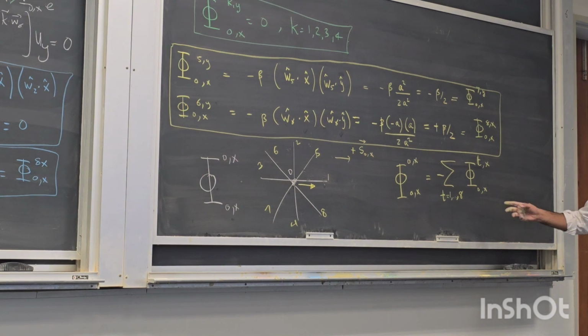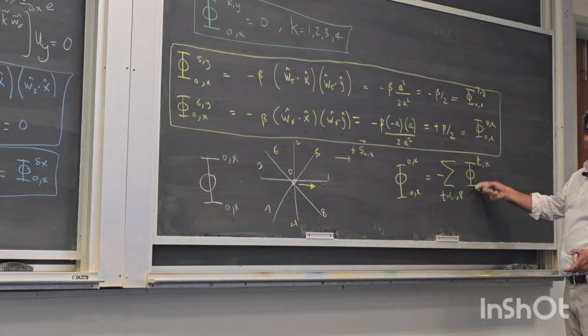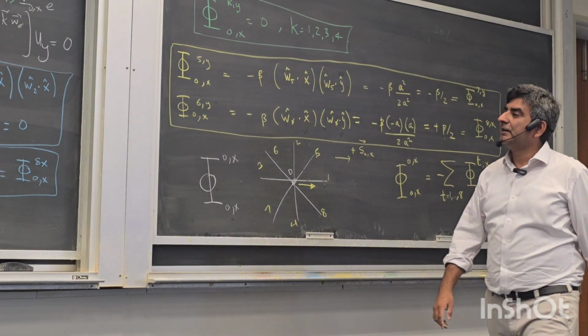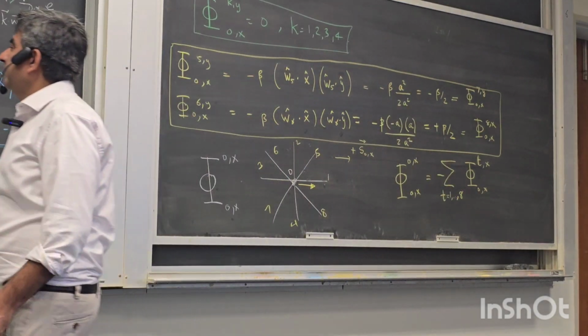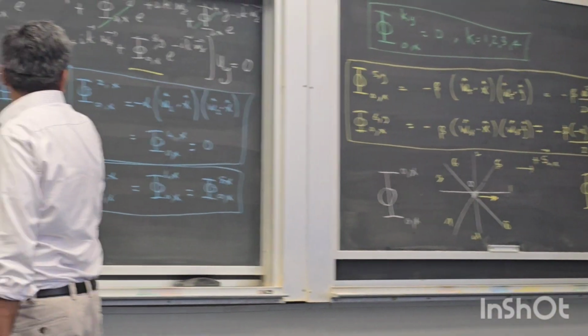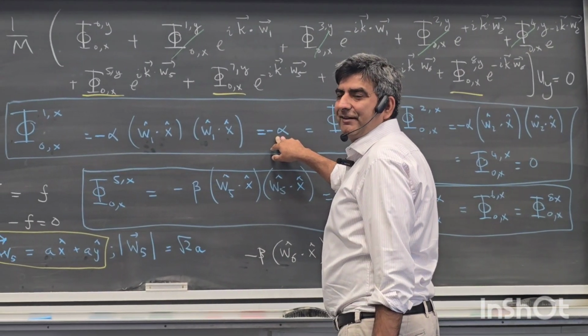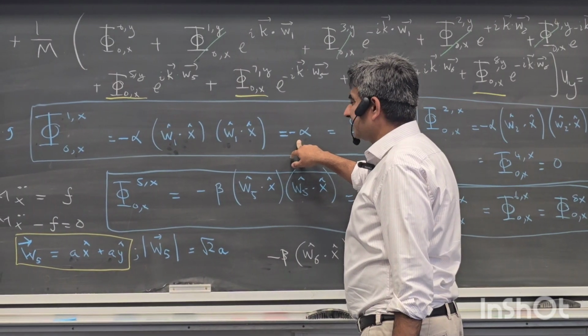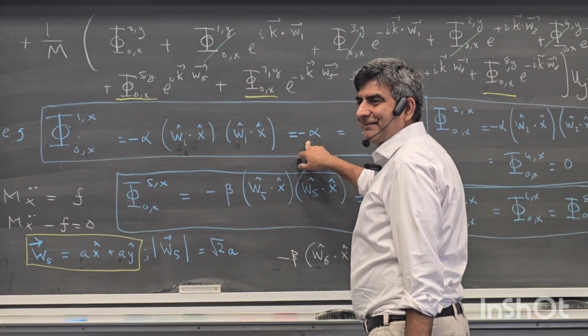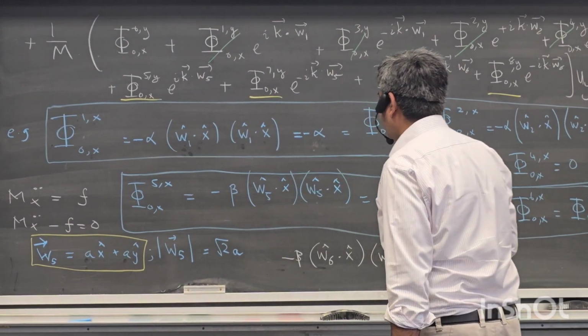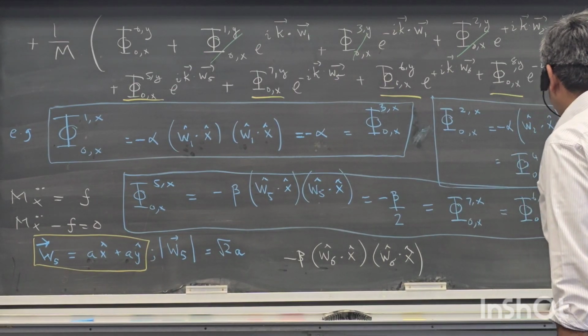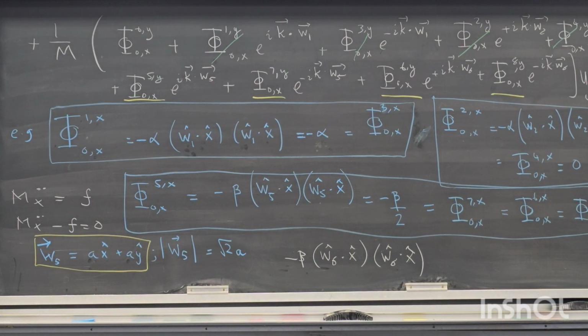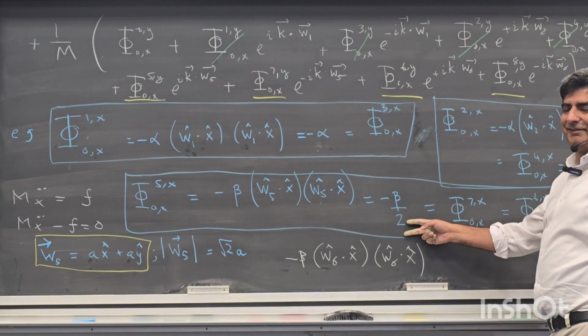Okay, so now I've already calculated all of these terms, and these are minus alphas, and there are 2 of these terms, and there are 4 of these terms, right?